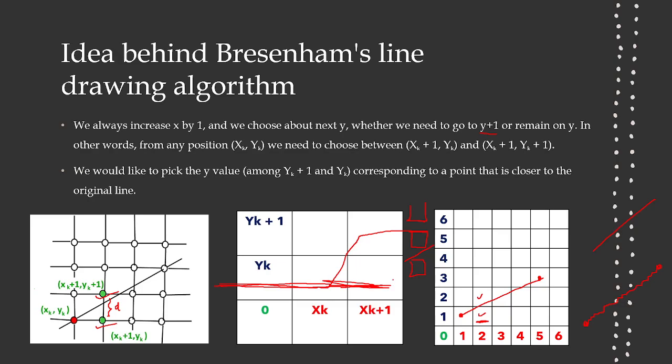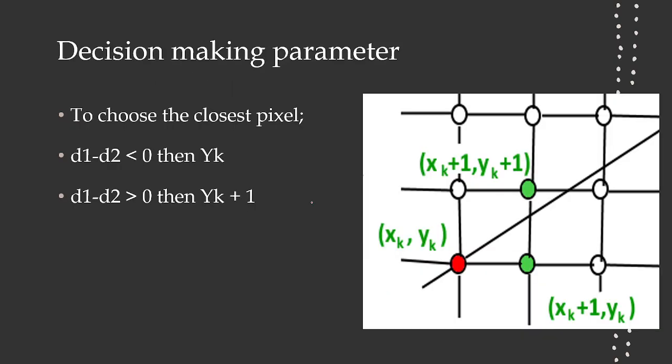So that is what Bresenham's algorithm does. And how do we decide whether we jump one y value or remain in the same y value? That depends on the decision making parameter, represented by pk.